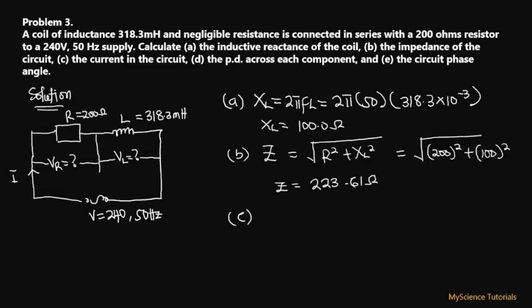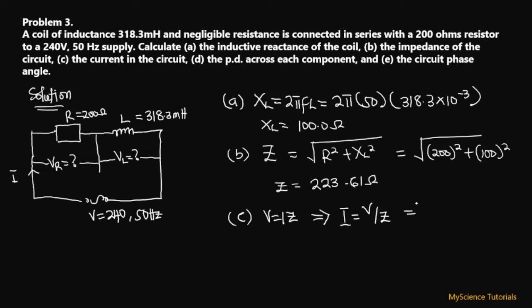Okay, now let's continue to look at the third aspect of this question. We are to find the current flowing through this circuit. So we know that V is equal to IZ. This implies that our current is equal to the ratio of voltage to the impedance.